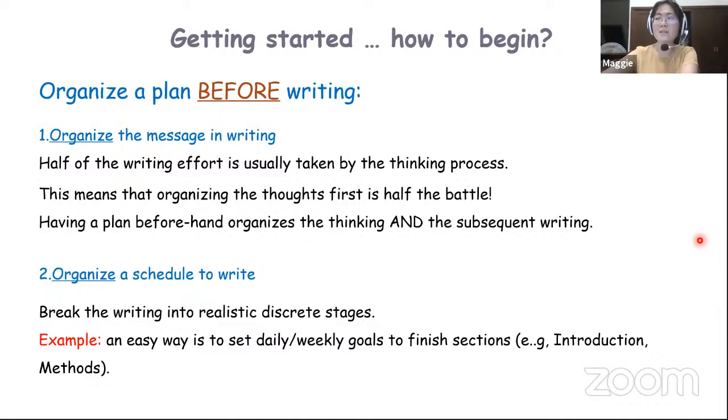Maybe take another 1 week to finish the results part. Maybe take 2 weeks to finish the discussion. So try to organize a schedule. Then you have an aim to complete, and it helps you break the writing into realistic different stages, and then you may be successful in doing so.